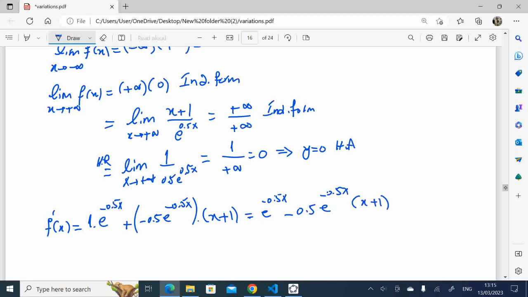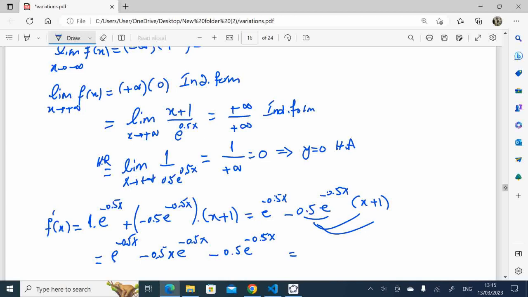If I expand here, this one times this one and times this one, what do we get? This will be equal to e^(-0.5x) minus 0.5 e^(-0.5x) times x, it will be minus 0.5x e^(-0.5x), and minus 0.5 e^(-0.5x), which is equal.